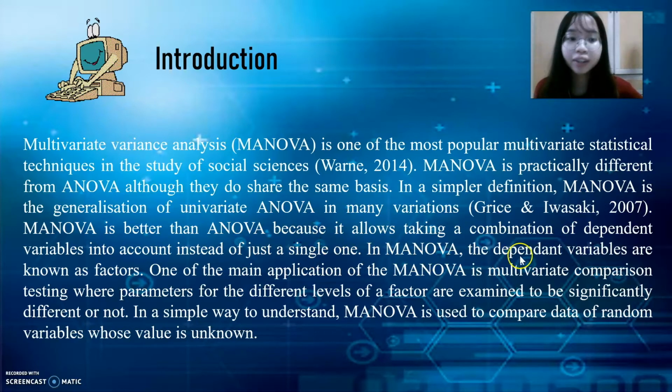In MANOVA, the dependent variables are known as factors. One of the main applications of MANOVA is multivariate comparison testing, where parameters for different levels of factors are examined to be significantly different or not. In a simple way to understand, MANOVA is used to compare the data of random variables whose value is unknown.